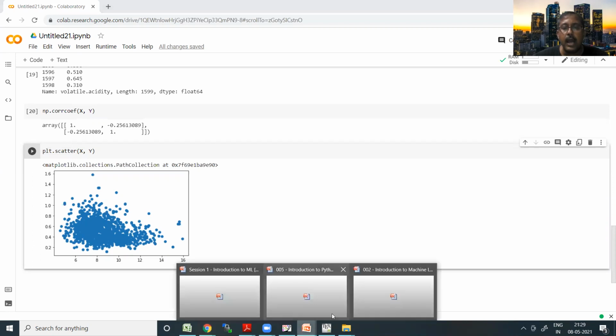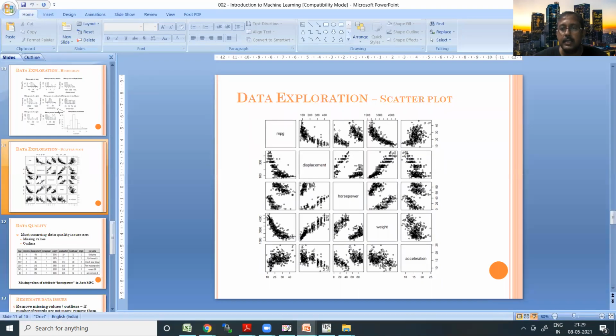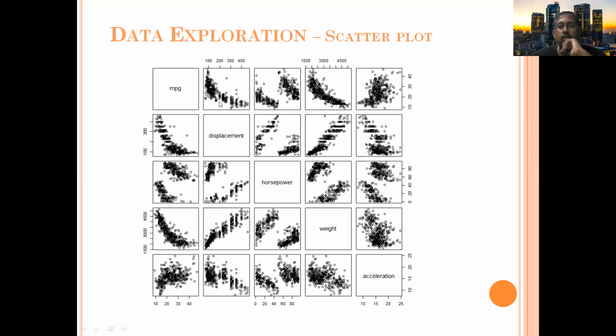If I try to look at some other things, like here, if you see again for that auto MPG data set, for the different pairs of attributes, I can see the correlation being plotted in the form of a scatter plot. Like here, I can see some kind of a negative correlation.